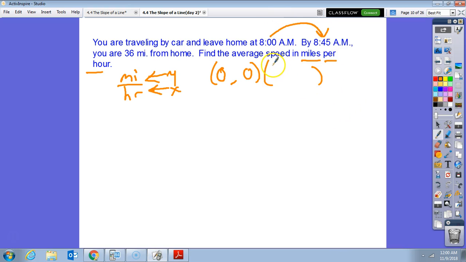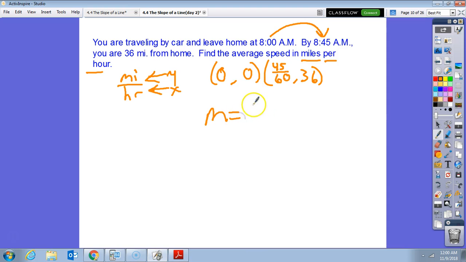That's 45 minutes. So we're going to do a little fraction here. 45 minutes out of 60. Part over whole. You are 36 miles from home. So you leave 0 hours, 0 miles. 45 minutes later, out of 60 in an hour, you're 36 miles from home.